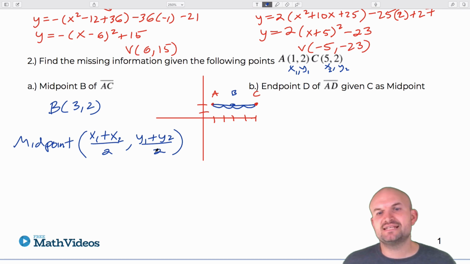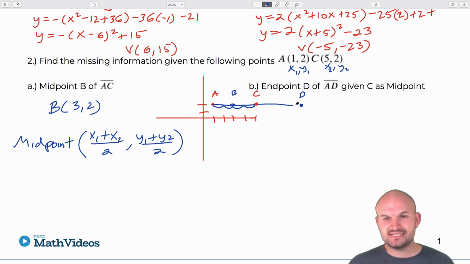The next one is find the endpoint D given AD as a midpoint C. So now it's saying, let's go ahead and find D over here, given that C is the midpoint. Well, if you understand the distance from A to C is 1, 2, 3, 4, and C is the midpoint, following along the same line, then I could really just add another 4.